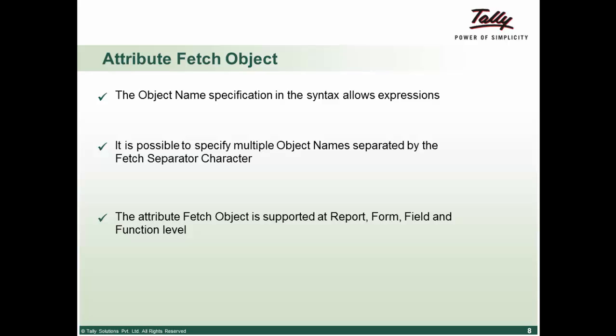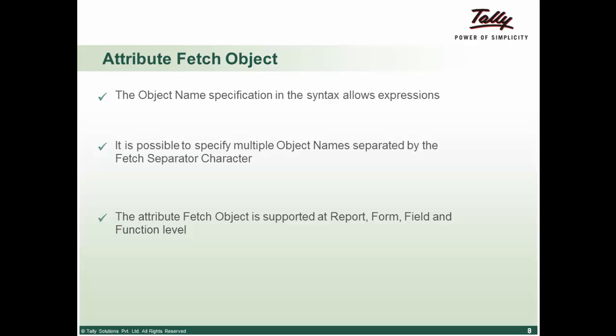You need to specify an object type. Then you can have multiple objects of that particular type to be called. So you have fetch object, the object type, the object name, and the methods that you need to fetch. This particular attribute is available at report, form, field, and function, the user defined functions. This attribute will also be covered in the chapter on TDL procedural capabilities.